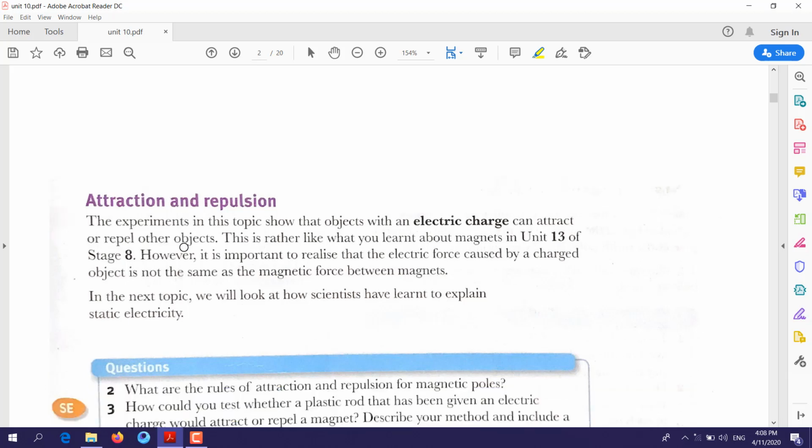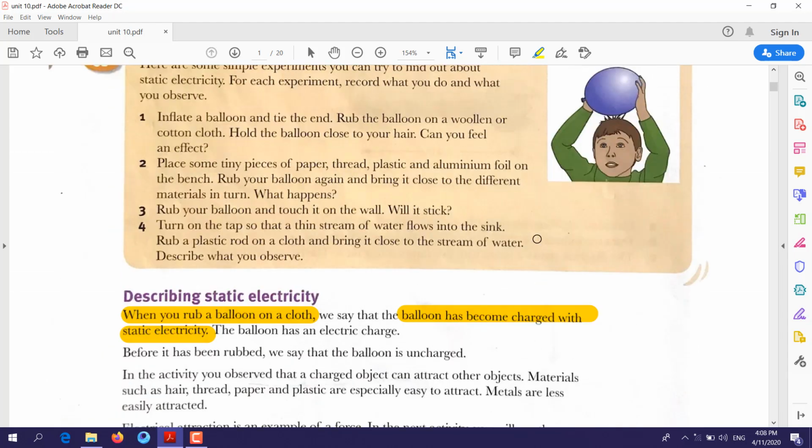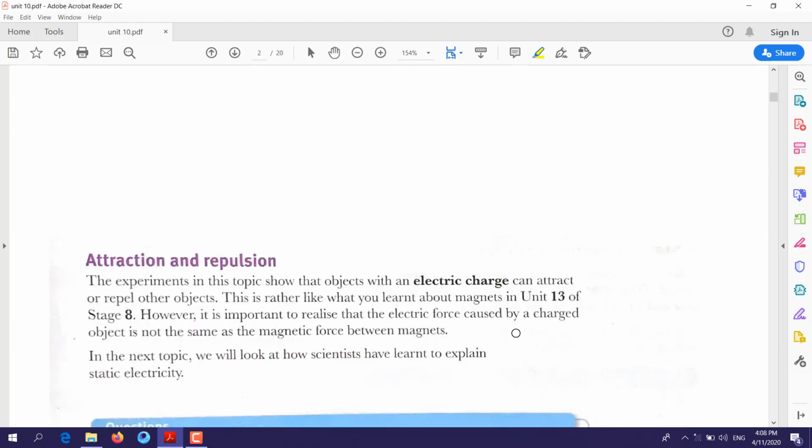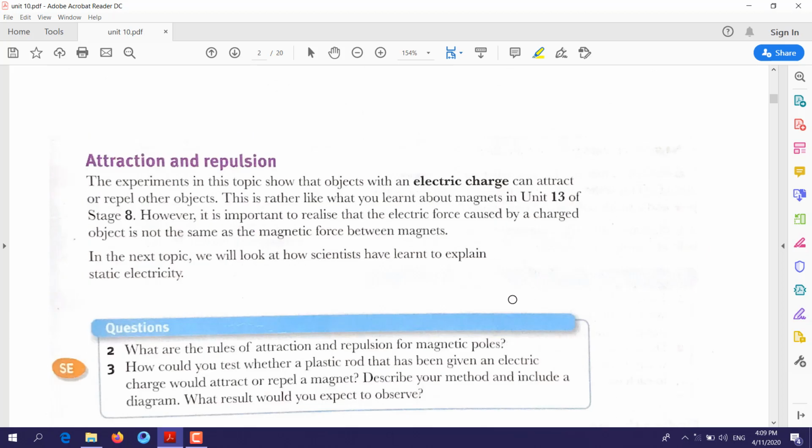Then attraction and repulsion. What do we mean by attraction and repulsion? For example, when we explained this picture, we said the hair will be attracted by the balloon. It means that in static electricity, some objects will have positive charge while the others will have negative charge.